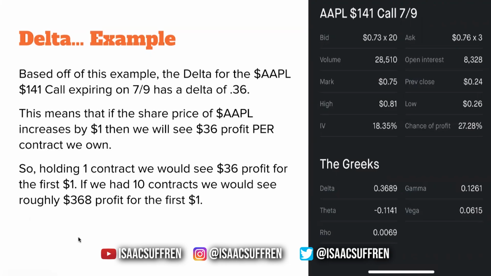So say you were experimenting, getting a feel for it, you go and buy this $141 call expiring July 9th with a 0.36 delta. You buy one, the share price goes from 140 to 141. Your option contract is now $36 more valuable than it was before based on this delta.